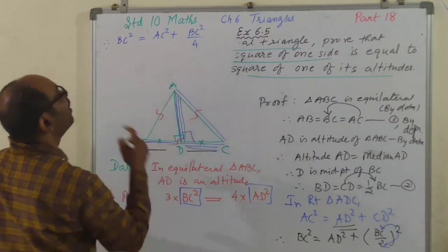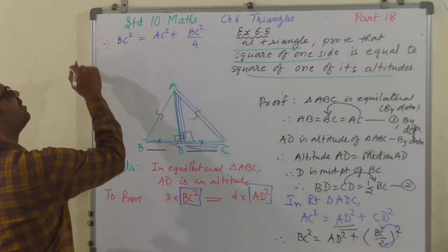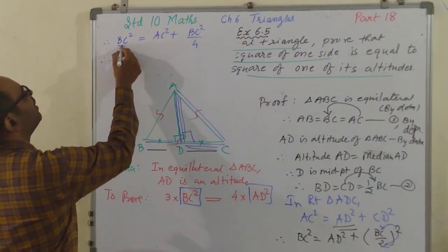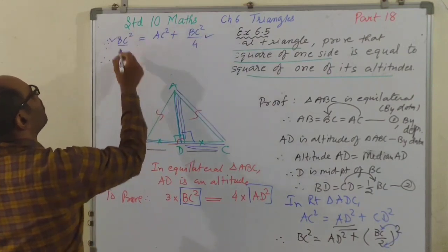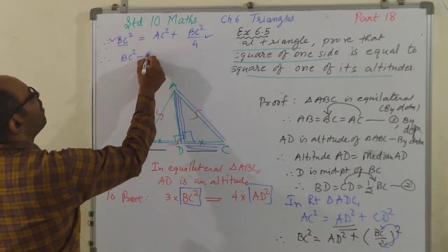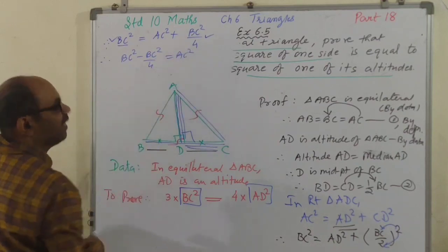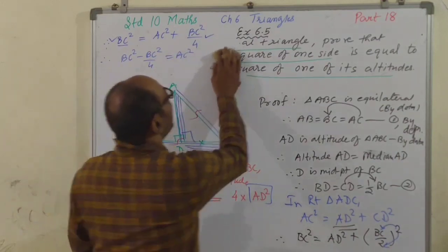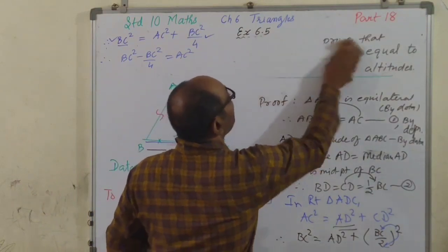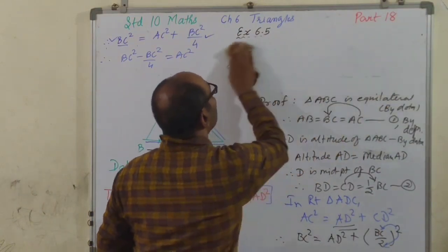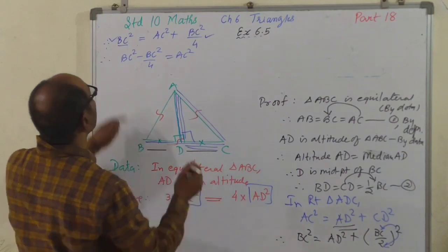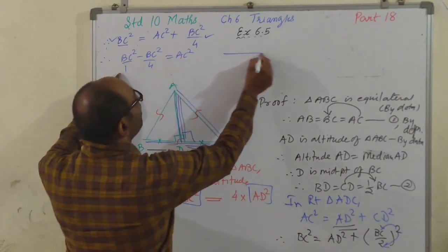is 4. Correct? Take BC square by 4 on the other side. These are like terms, BC square. साथ कर दो. BC square minus BC square by 4 is equal to AD square. Correct? Okay. So that gives us what? Take LCM.